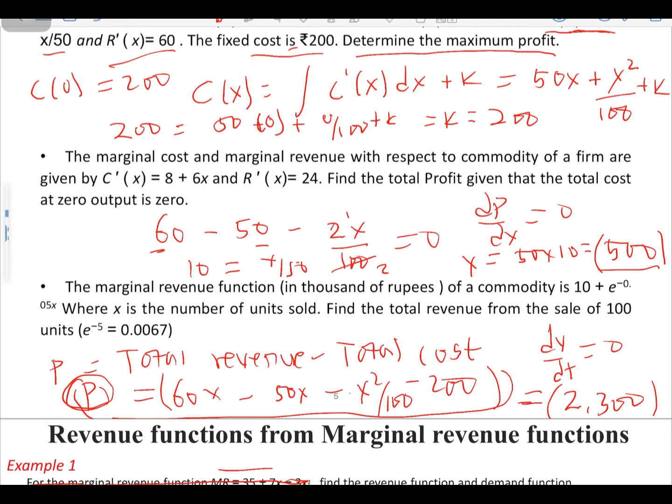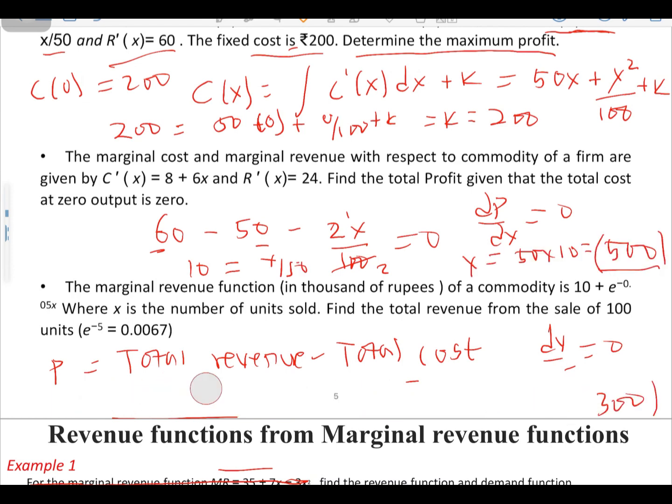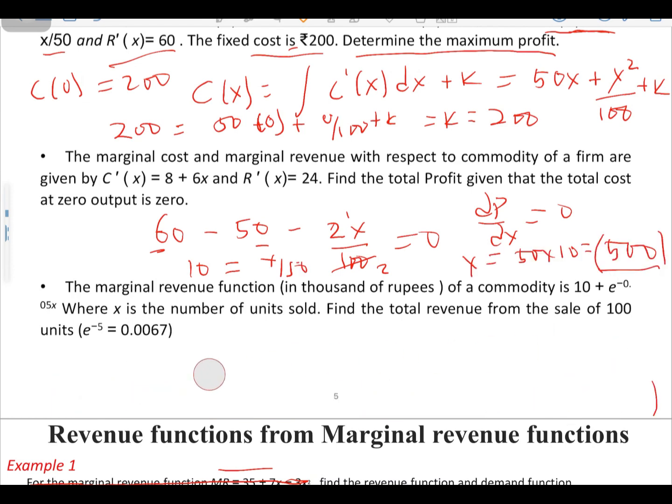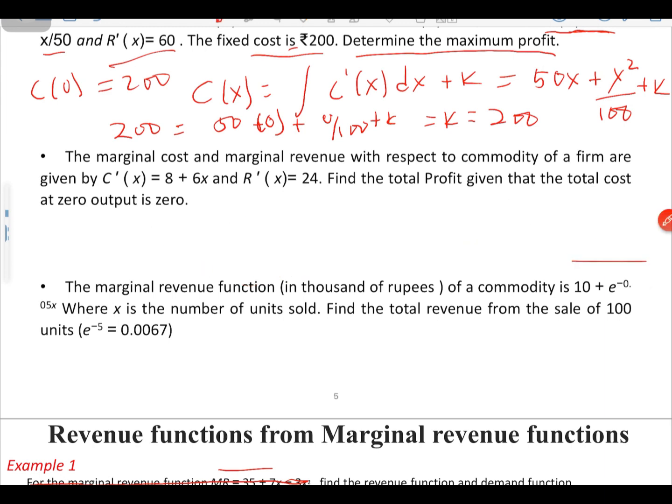So please, this is quite a simple example, and based on this example, I will leave you to solve example 2 and then 3 as well. This is the next example.